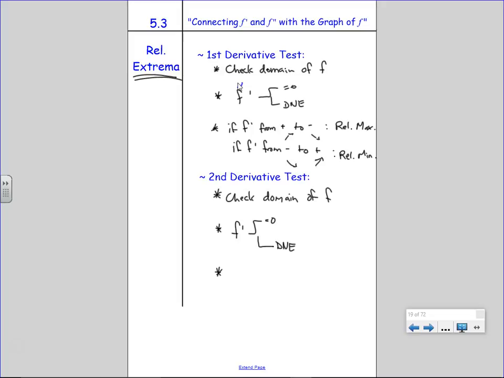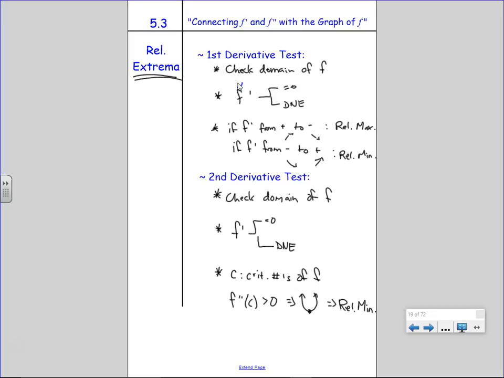So we'll say c is or are the critical numbers of f, aka the zeros or DNE of the derivative where f exists. If f double prime of c is greater than 0, then I have a concave up like a cup, and that is a relative min.